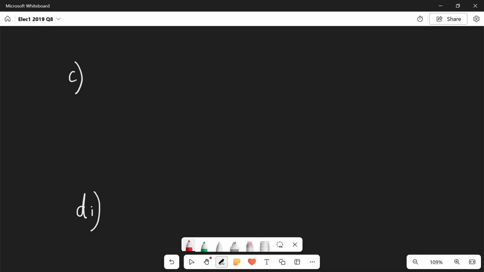So the equation, which you can find on the data sheet, is NCH equals available bandwidth divided by channel bandwidth.